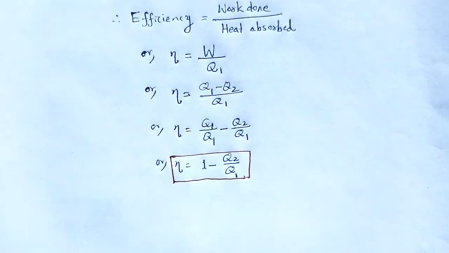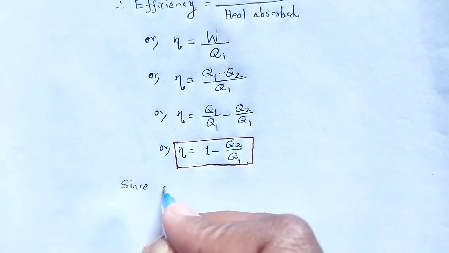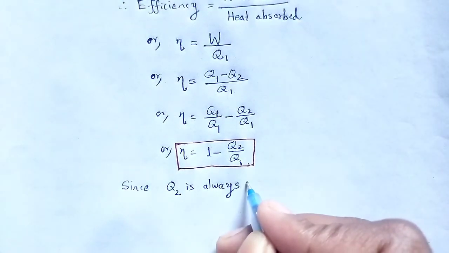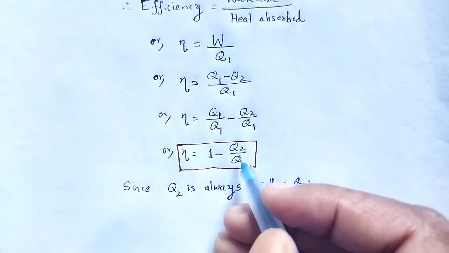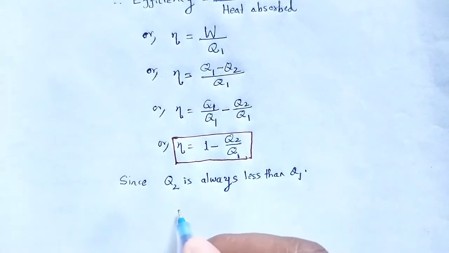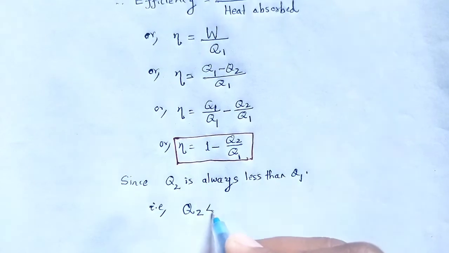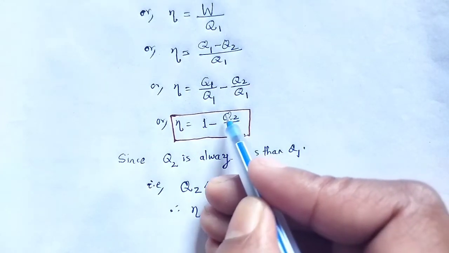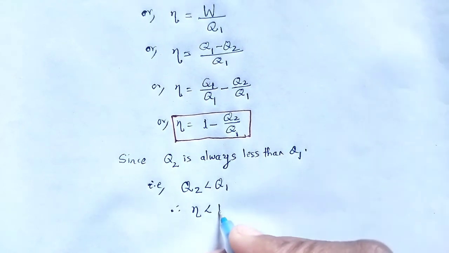Since Q2 is always less than Q1, the term Q2 by Q1 is less than 1, so eta is less than 1.